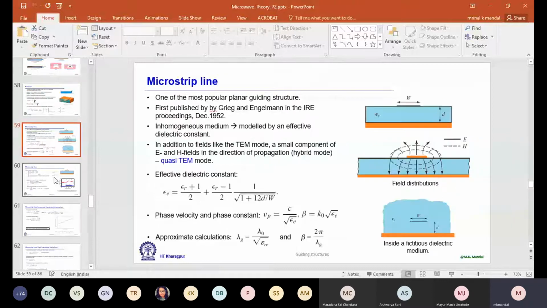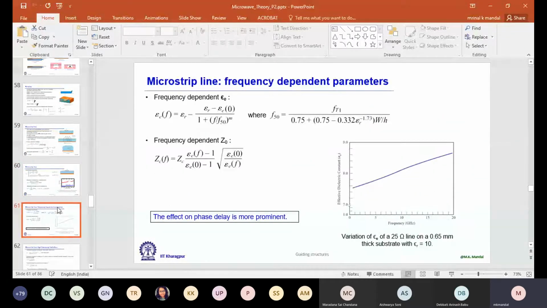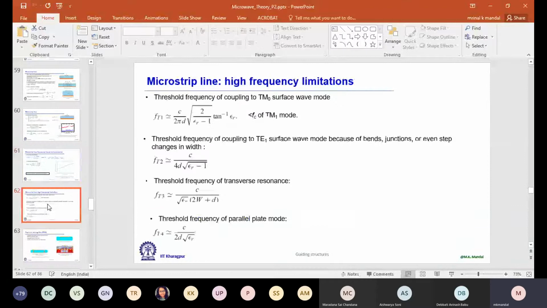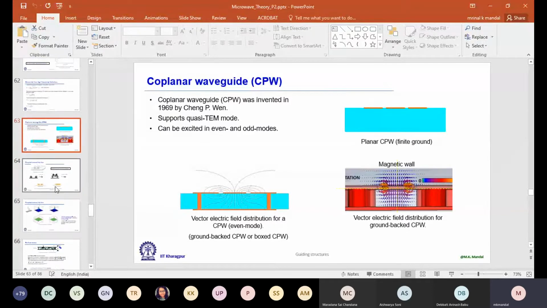Then we discussed microstrip line, its electric and magnetic field distributions, how it looks in the EM mode, then the effective dielectric constant and how it varies with frequency and why it varies, then its high frequency limitations. After that, we also did the CPW line.